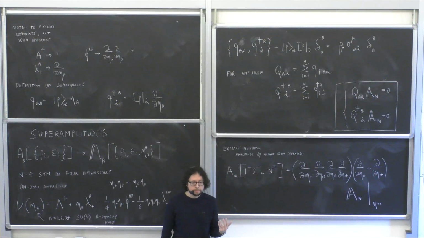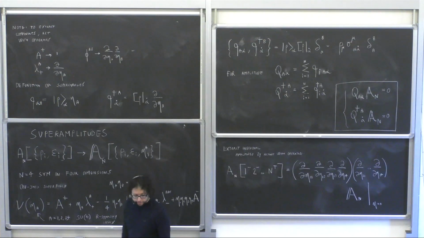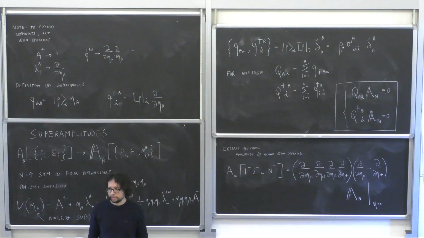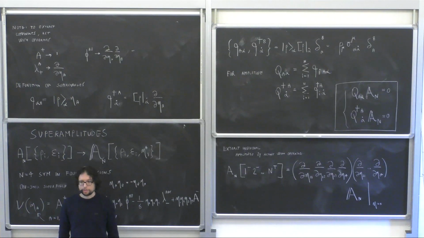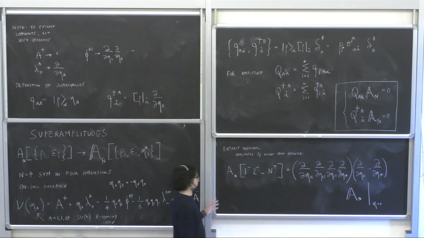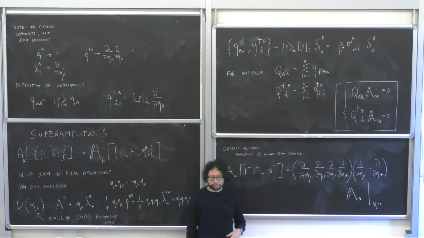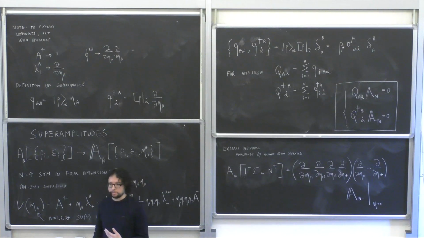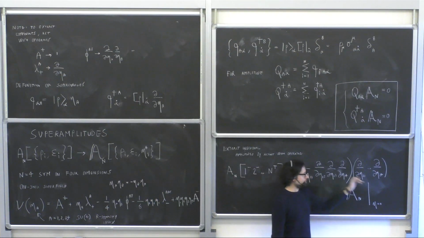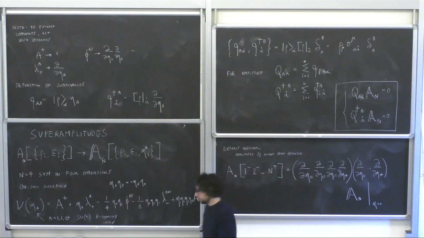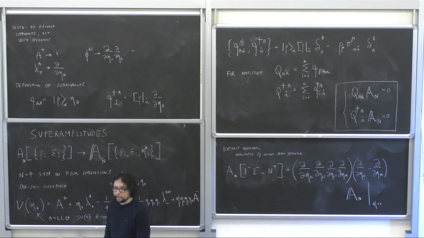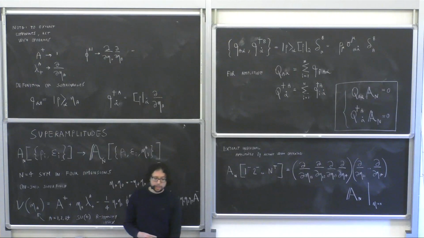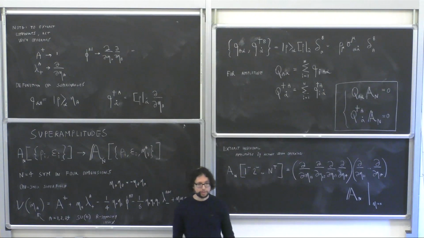A question I got a lot in the breaks is how about fermions? Or how about scalars? If we find a smart way of packaging a super amplitude, then by acting with differential operators of the form, you start being able to generate, almost automatically, amplitudes involving scalars and fermions, which will be the ones of a corresponding supersymmetric theory.